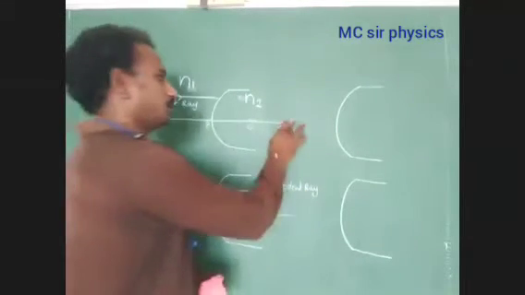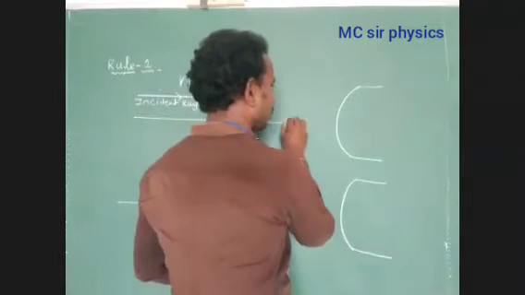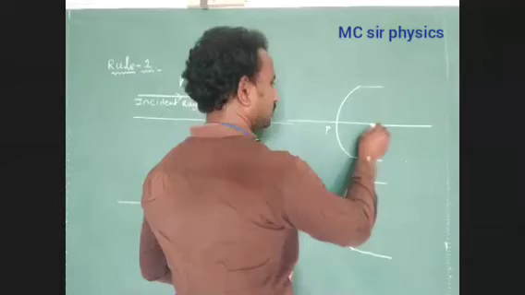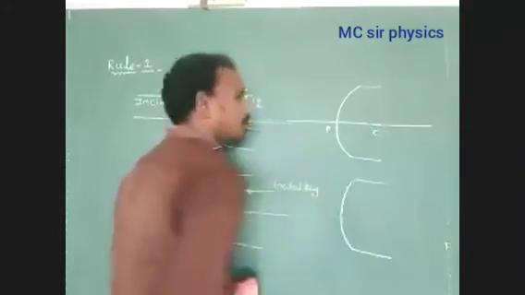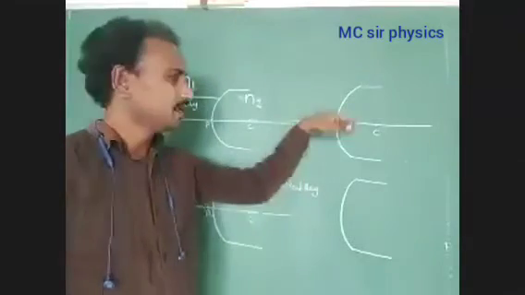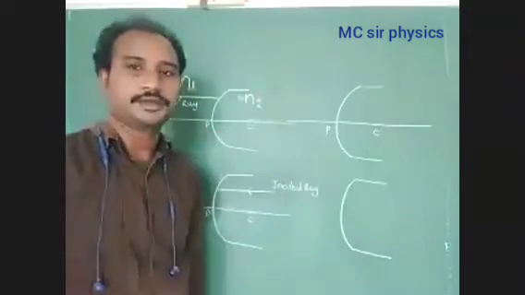Now we have to represent this reference line. The reference line is passing through the pole and center of curvature. The center of curvature, generally we have to consider inside this medium.